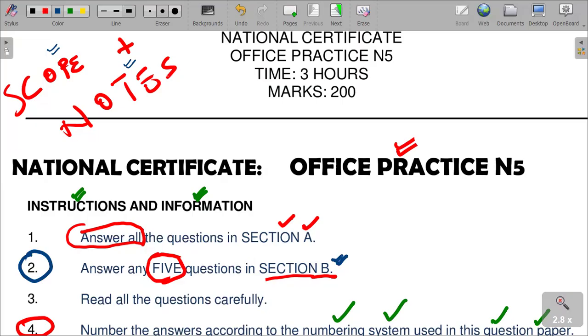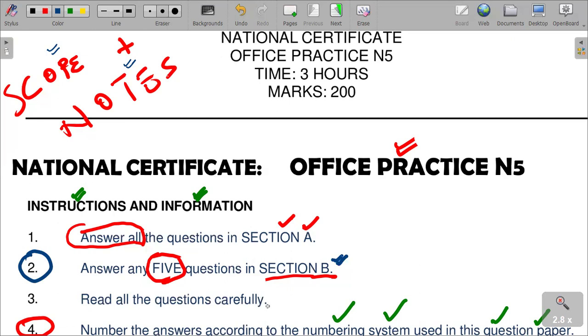Start with the question that you know best and that can score you the highest marks. But when you answer more than five questions, the marker will only consider the first five in their order.